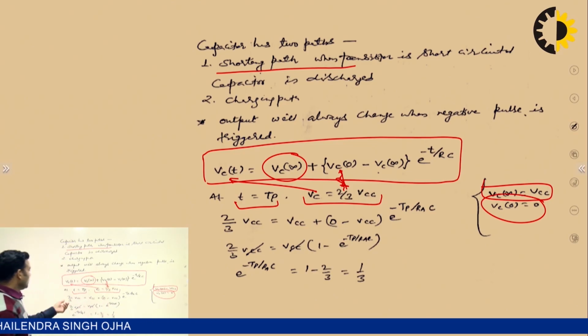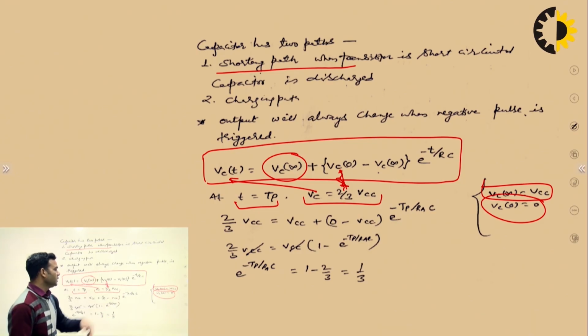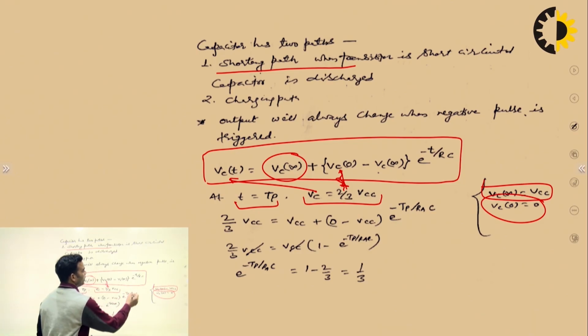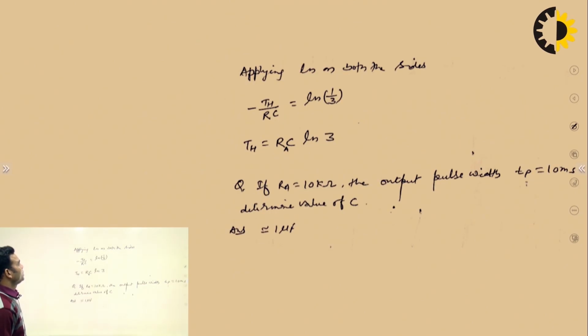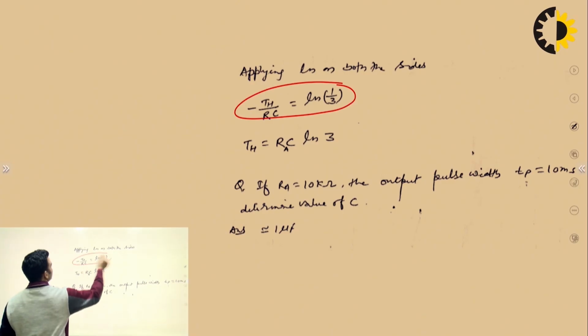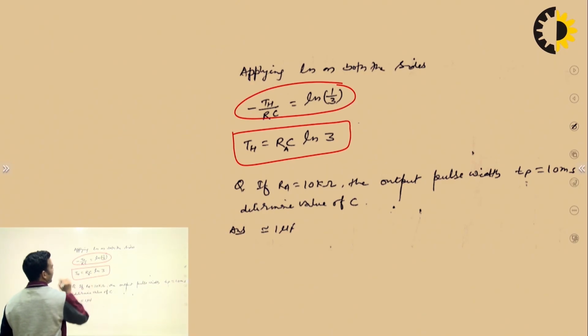So you will put 2 upon 3 VCC equals VCC minus VCC e to the power minus Tp upon RAC, because it is charging through RA. VCC and VCC cancelled out, you will get this. So when you will apply natural log on both sides, you will get TH upon RAC is equal to ln 3. So TH is equal to RA C ln 3.